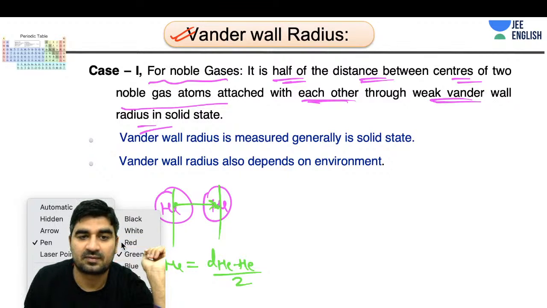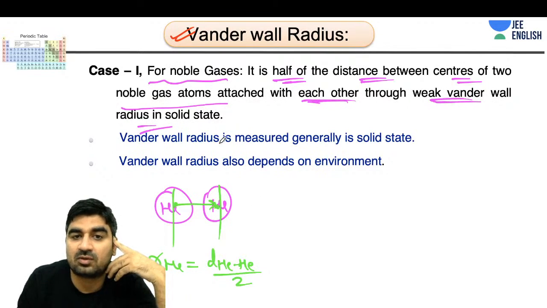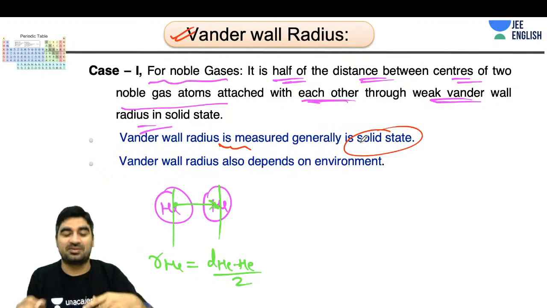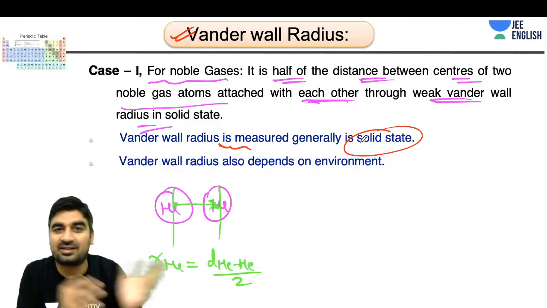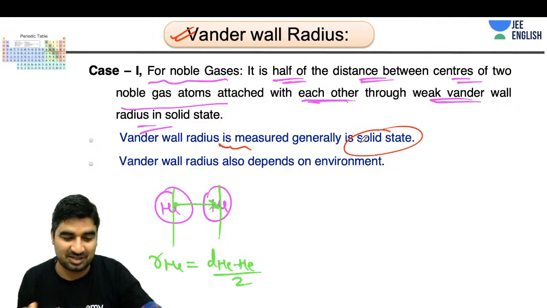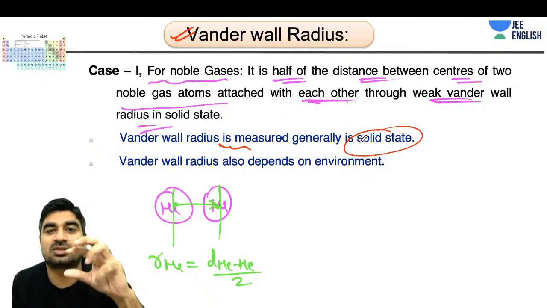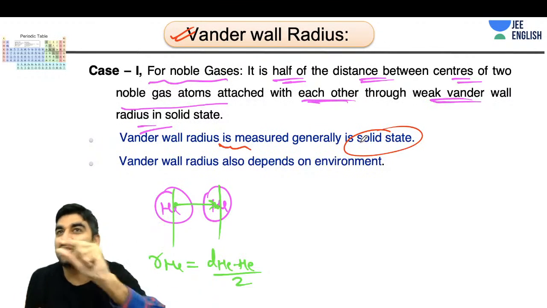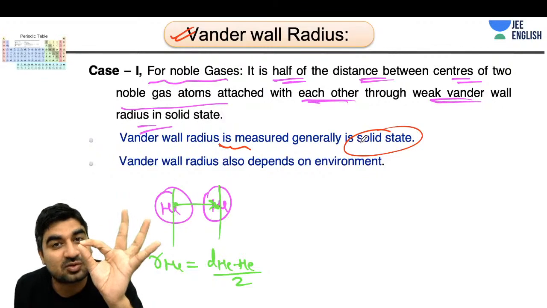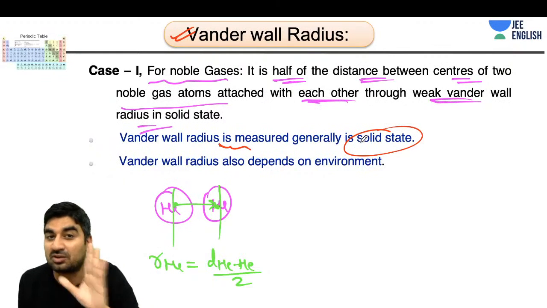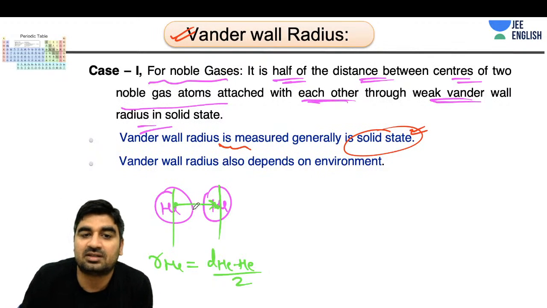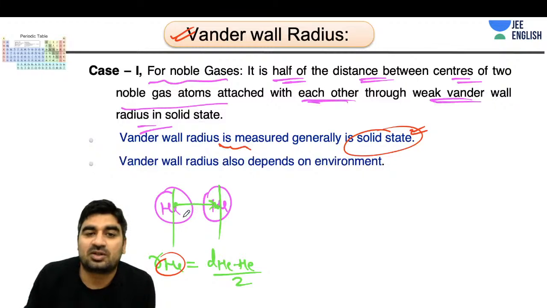Any doubt? Van der Waals radius is measured generally in solid state. Because if gaseous particles are moving, how will you measure their radii? First of all, those atoms or molecules should be static. If something is already so small and then it is moving, you cannot measure. So first you have to solidify it, and then in the solid you can measure this. It will be at a far distance.